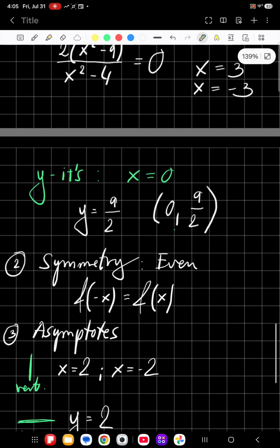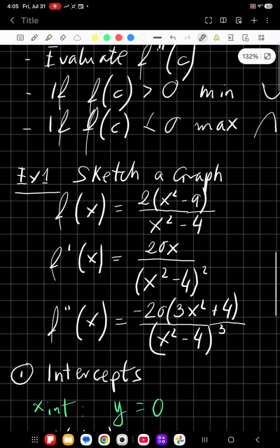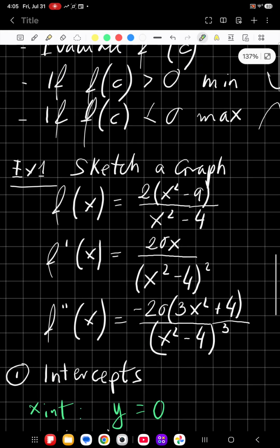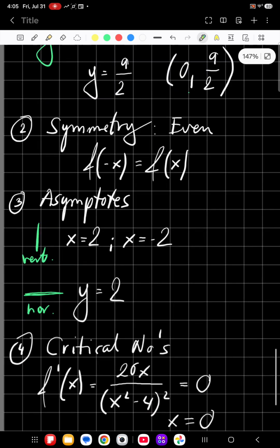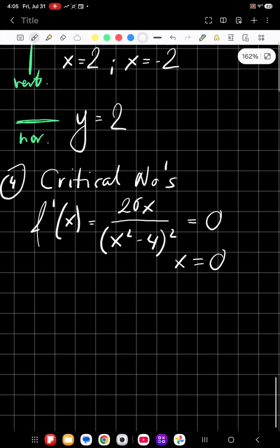But the condition is that critical numbers need to be part of the domain, and they're not, because the domain for this function doesn't include 2 or negative 2. So let's write it like this: x equals 2, x equals negative 2, and let's just cross them out, not in domain.